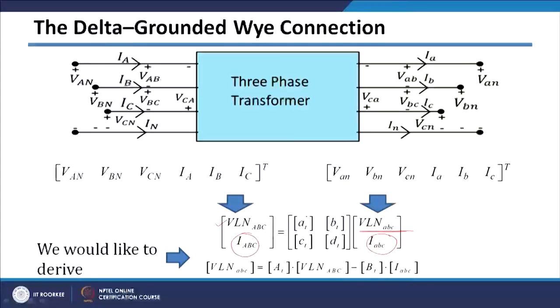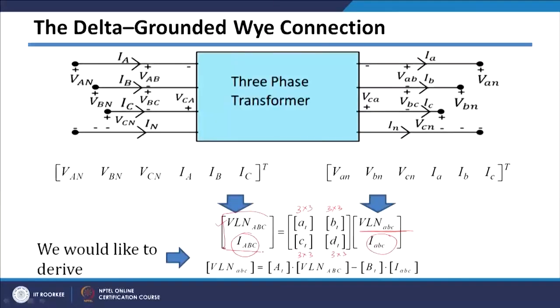Because of that, the A parameter will be a 3 by 3 matrix, B parameter will be a 3 by 3 matrix, similarly C 3 by 3 and D also 3 by 3. So, ABCD parameters will be basically 3 by 3 matrices, which we are interested in. Always on this side we want to bring line to neutral voltages, even though it is a delta connection.